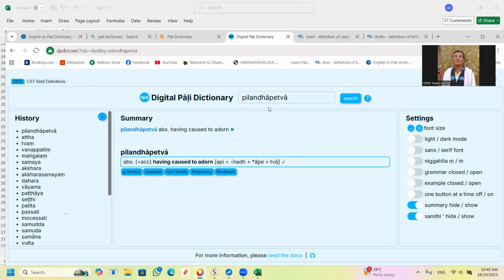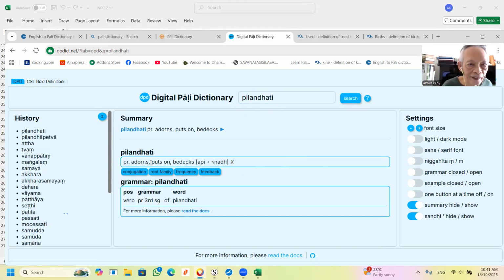So in this case, you take this away. Most likely, you have to put pilan dati because this is third person. You just have to try that way, whether it comes out or not. So it is the same. That means this is the present tense. So that is how you break down the simple tense.